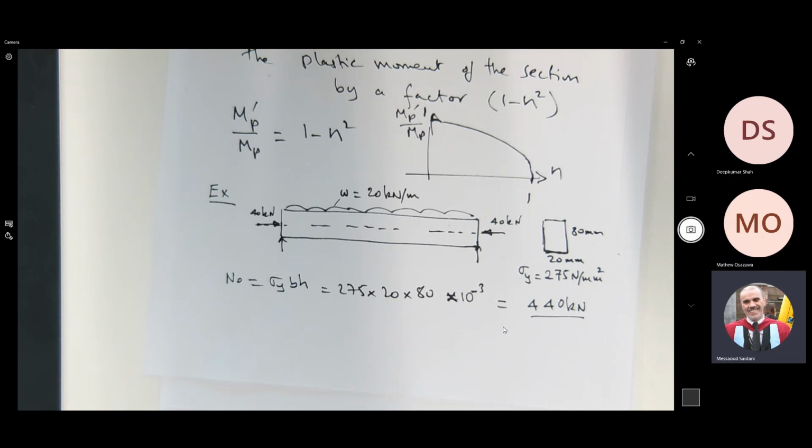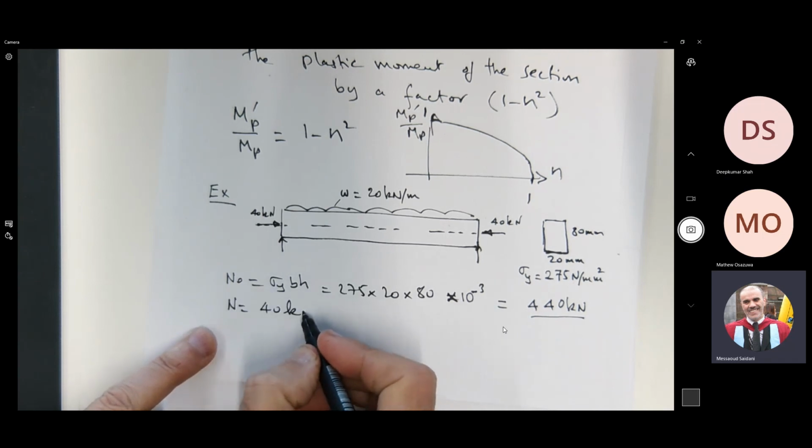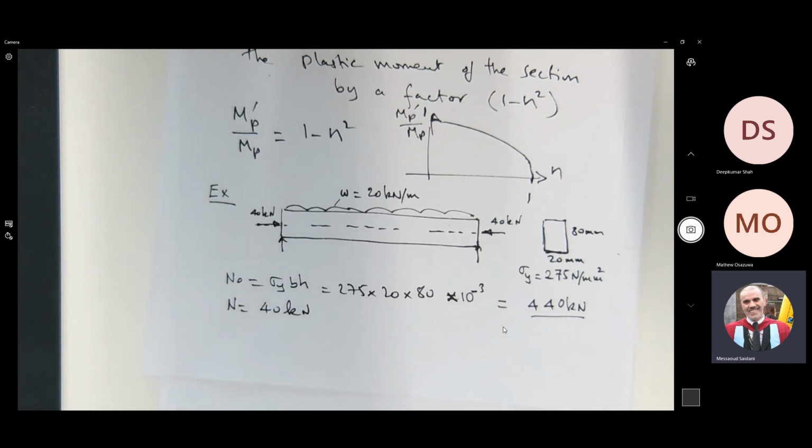Do we actually need it? I think because we have an N, he asked us for the load factor, this squash factor, that's N over N naught. So we know N equals 40 kilonewtons. That's given. So what do we do now?